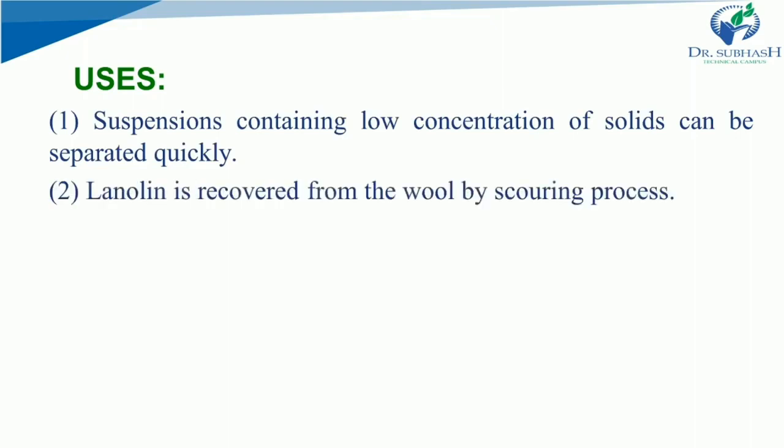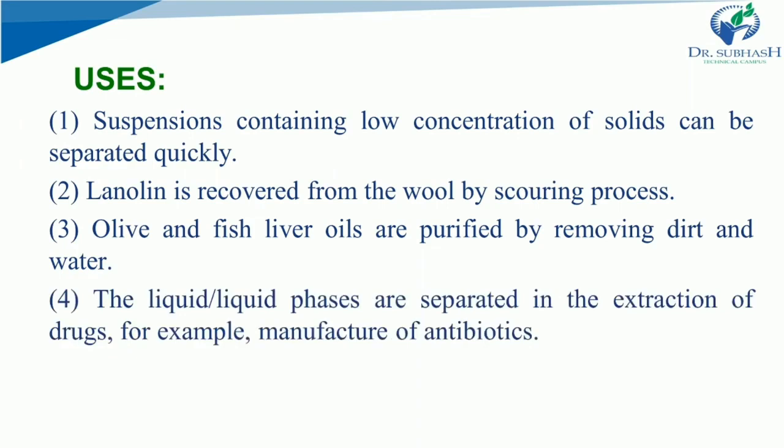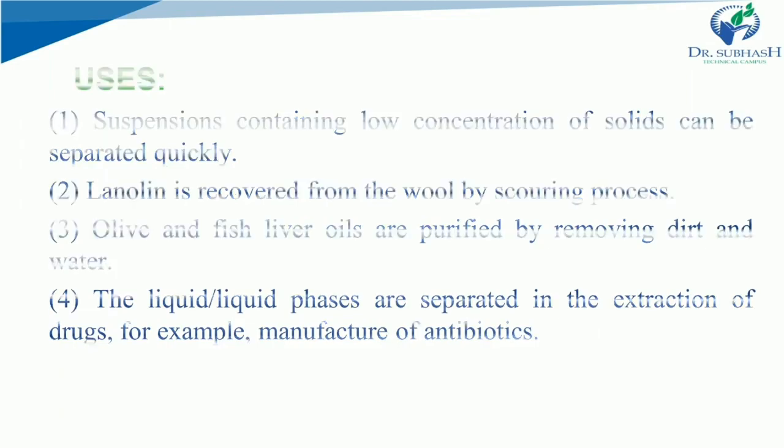Lanolin is recovered from wool by the scouring process. We will discuss this process deeply. Olive and fish liver oils are purified by removing dirt and water. The liquid phases are separated in extraction of drugs, for example, manufacturing of antibiotics. So these are the uses in which sedimentation centrifugation is used heavily, and in some cases you can also use the ultracentrifugation technique.